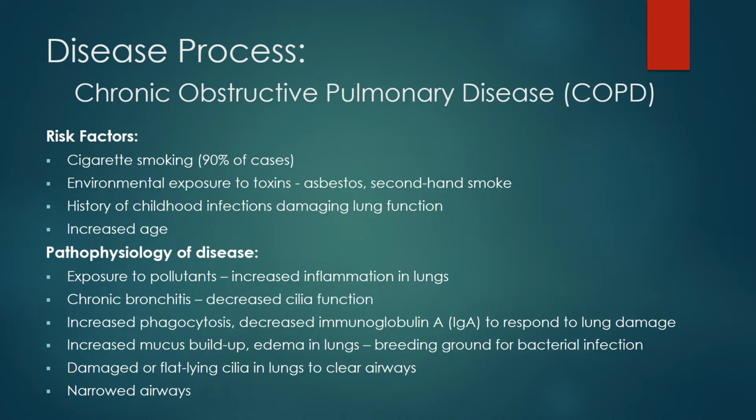There's also increased phagocytosis and decreased immunoglobulin A, IgA, to respond to lung damage, so recovery from that is difficult. There's increased mucus buildup and possible fluid within the lungs, which contributes largely to bacterial infiltration within those areas. Again, damaged or flat-lying cilia, and then narrowed airways as a part of the emphysema part of COPD, which is commonly coupled with emphysema.